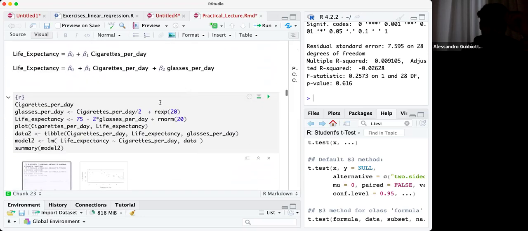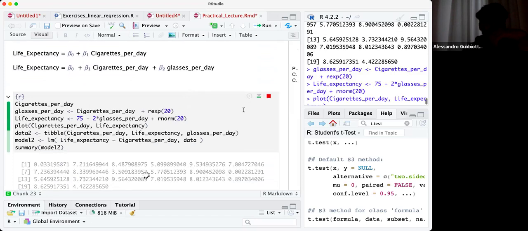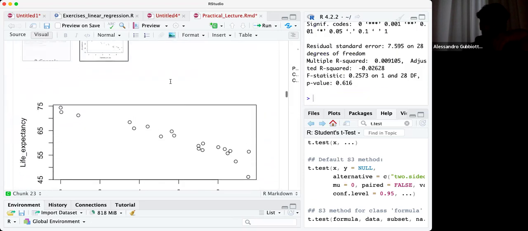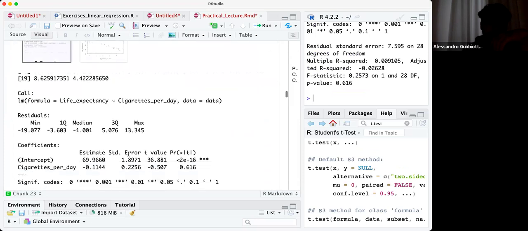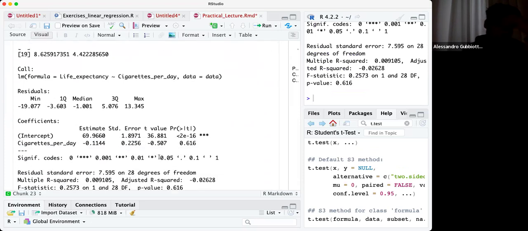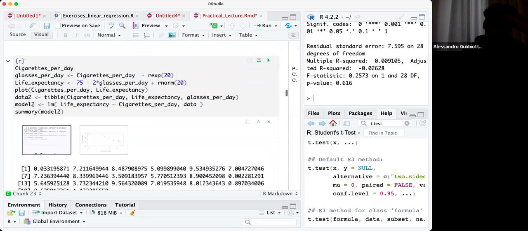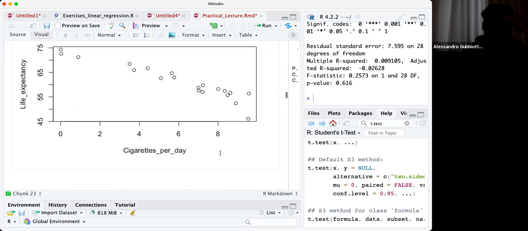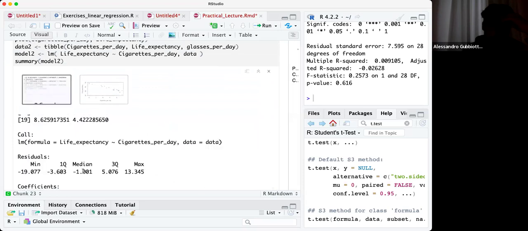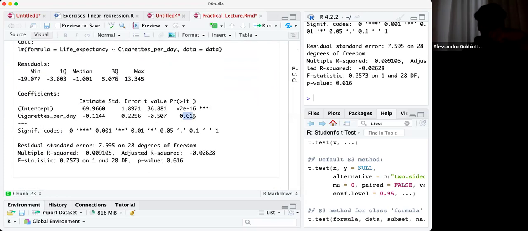Maybe we should increase the effect, put a bigger effect. So yes, now it should be significant. Okay, no, there's something wrong with it. Here clearly there is some effect. Why is the p-value not significant?